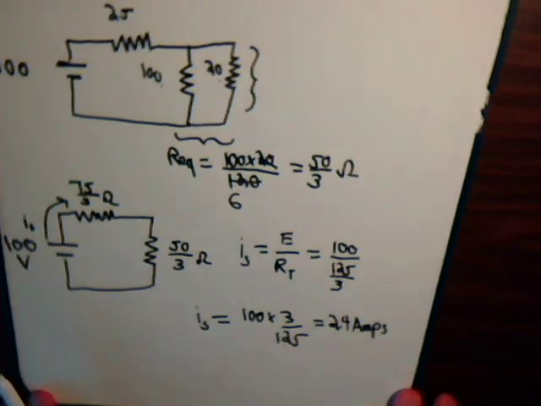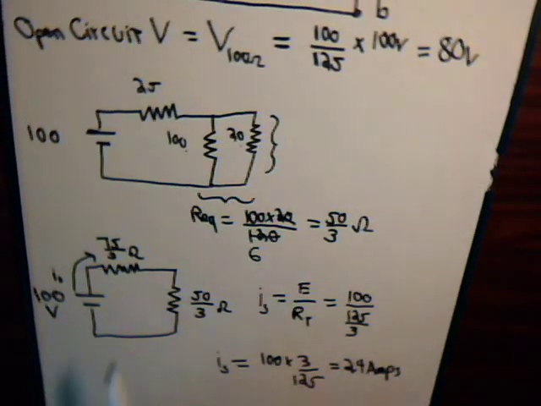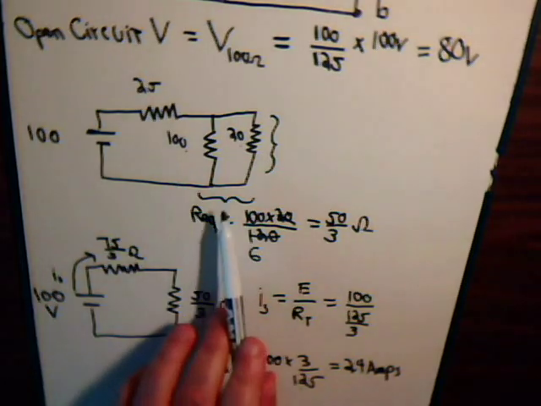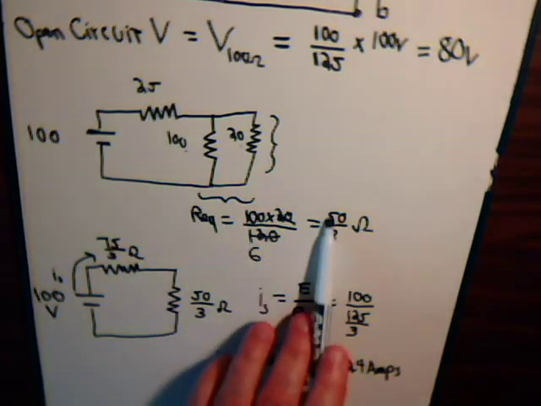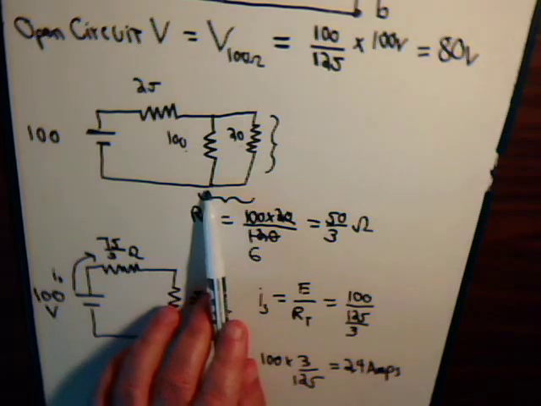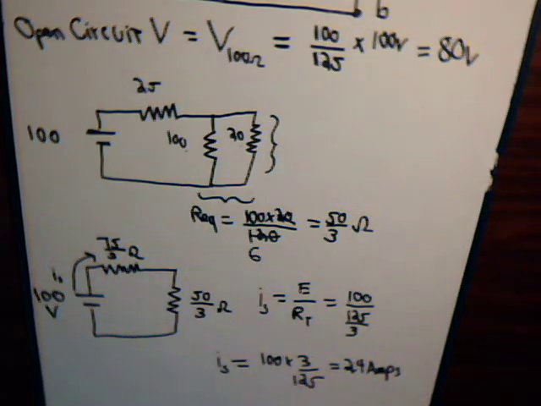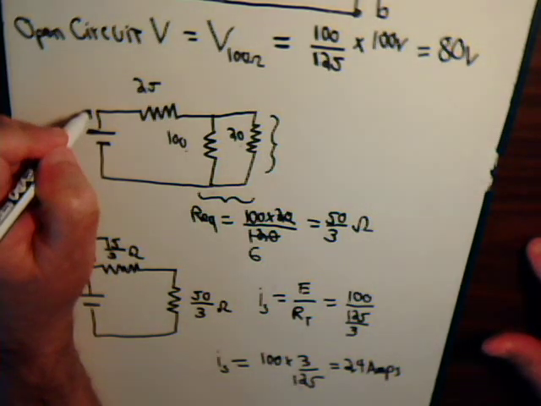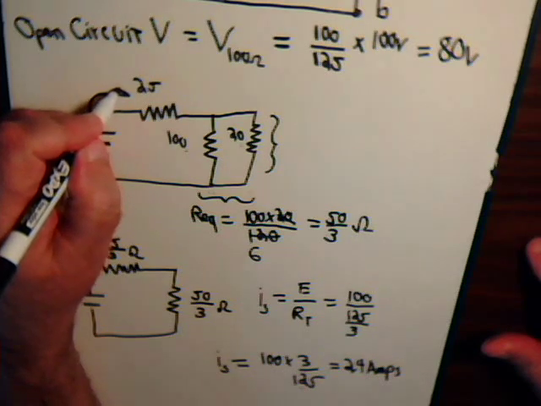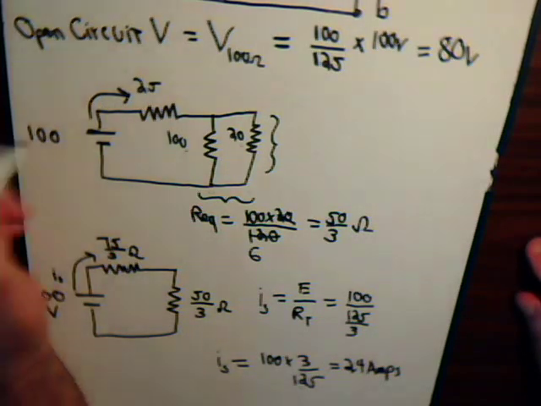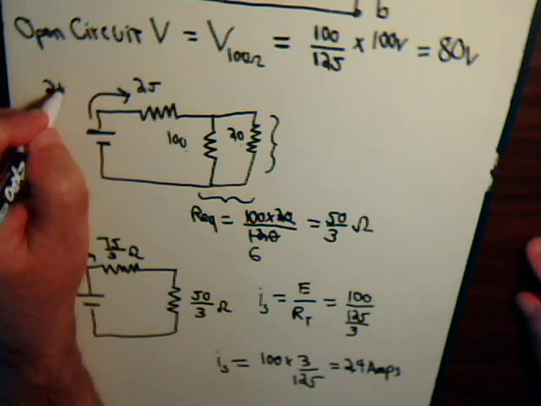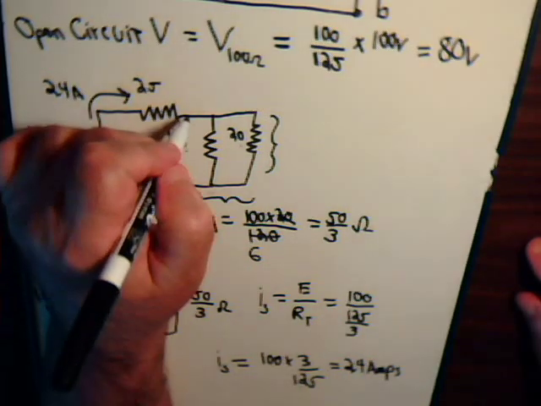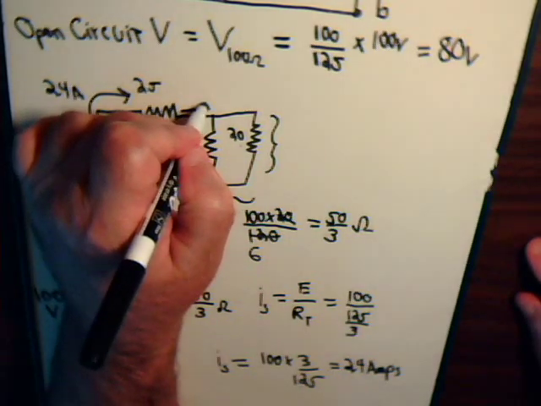Going back now, working backwards to the previous circuit, this 50 over 3 resistance is the equivalent of these two. So here we have a current coming in of 2.4 amps.